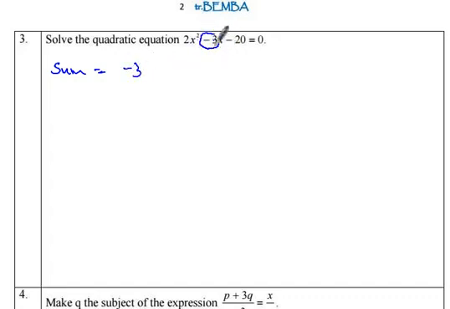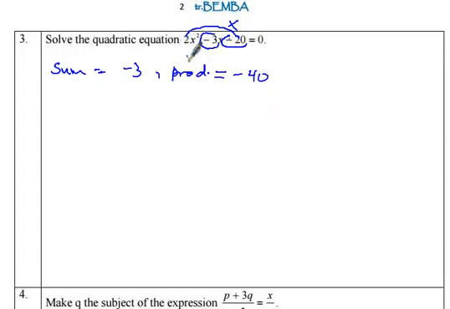Note that I'm also putting the sign there, and then our product, the product is given by the product of these 2 numbers here. And when you look at this number here, the number that we have here is negative 20. So when I multiply it by this, I have my product as negative 40.